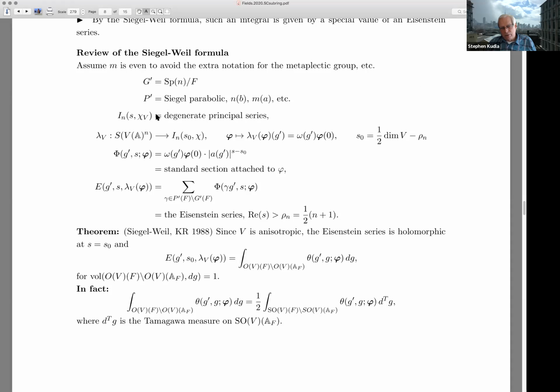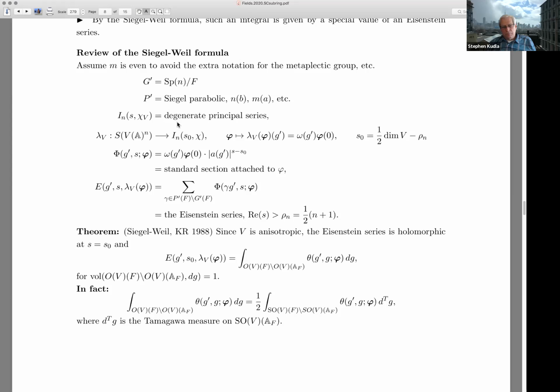Now here I'm going fast if you haven't seen this stuff, but the point is that this is a block parabolic with blocks with a 0 in the lower left n by n block. The M(A) is going to be something, A is in GLn, and the M(A) is going to have an A, transpose A inverse on the diagonal blocks. B is a symmetric matrix, and the N(B) is a 1n, B, 1n. It's an upper triangular, block triangular guy.